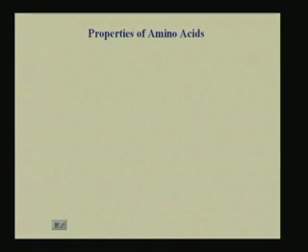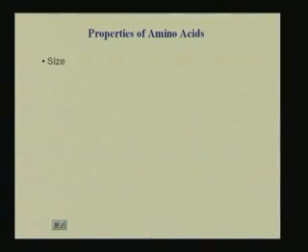Okay. Now, we have to consider specific properties of amino acids. What are these properties? One thing that we have looked at is the size and the shape. What do I mean by shape or size? Size means molecular mass. The smallest one is glycine. It just has that hydrogen atom in there.